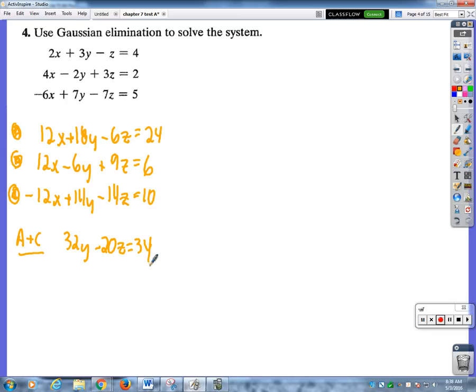These combine to be -20z, and that equals 34. Then if I add equations B and C together, the x's cancel again, and then that gives me 8y minus 5z equals 16.